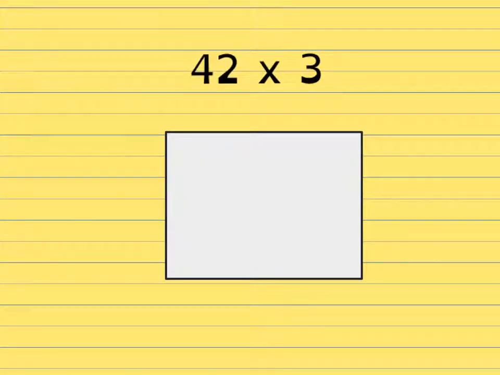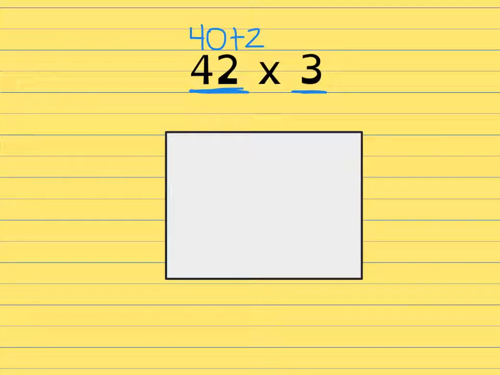Let's try the rectangle method another time. This time, let's use the equation 42 times 3. When I look at 42 times 3, I recognize that 3 is only a 1-digit number, so I don't need to expand it out. However, 42 does need to be expanded into 40 plus 2.